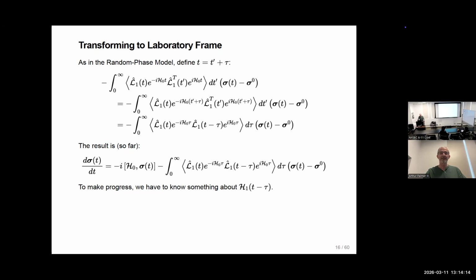Like tau is 0 makes it T. So if tau is T minus T prime, when I change the integrands, this should have become positive.